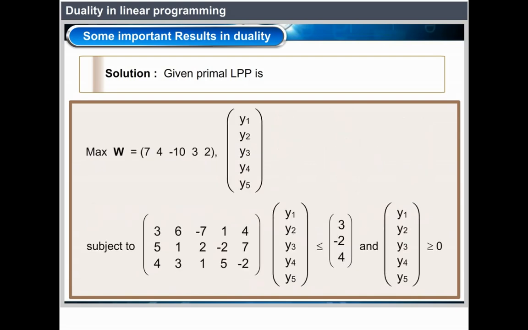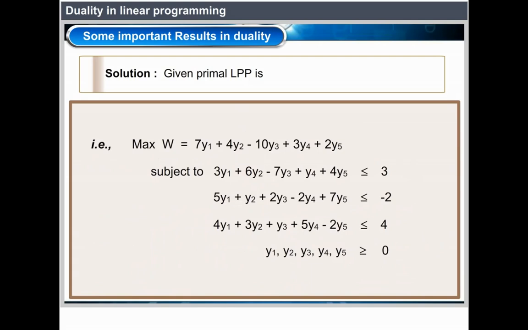Maximize W equal to 7, 4, minus 10, 3, 2 into Y1, Y2, Y3, Y4, Y5 subject to first row 3, 6, minus 7, 1, 4, second row 5, 1, 2, minus 2, 7, third row 4, 3, 1, 5, minus 2 into y1, y2, y3, y4, y5 less than or equal to 3, minus 2, 4 and y1, y2, y3, y4, y5 greater than or equal to 0.